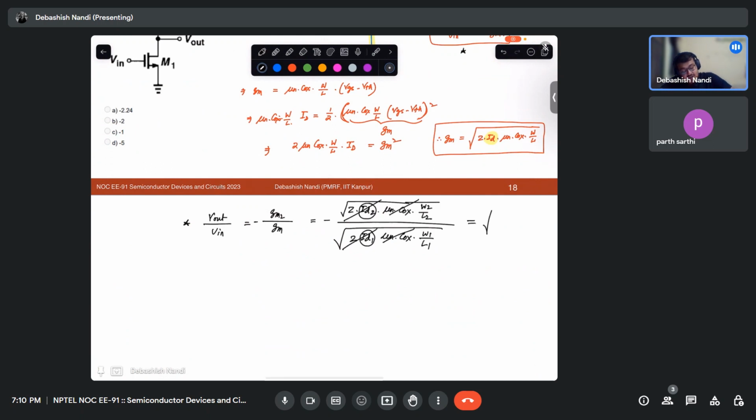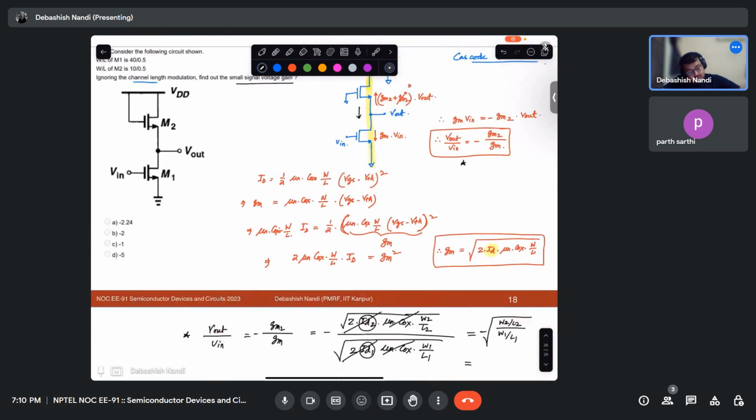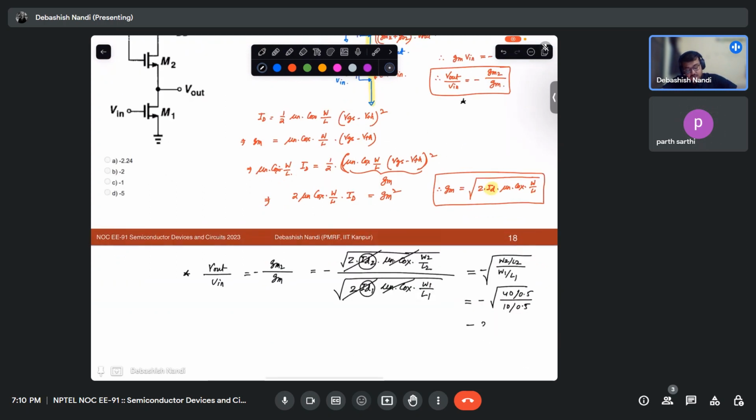So your entire thing would be root over W2 by L2 over W1 by L1, and W2 by L2 is 40 by 0.5 and this would be 10 over 0.5. So minus root 4, so minus 2 would be your gain.